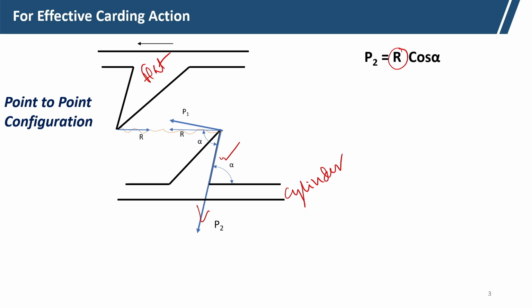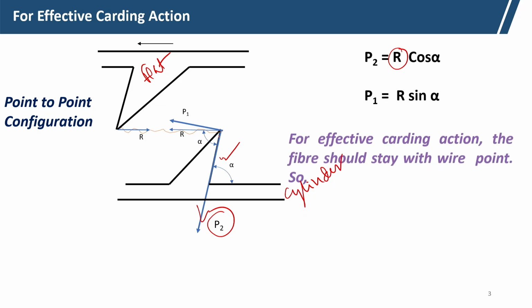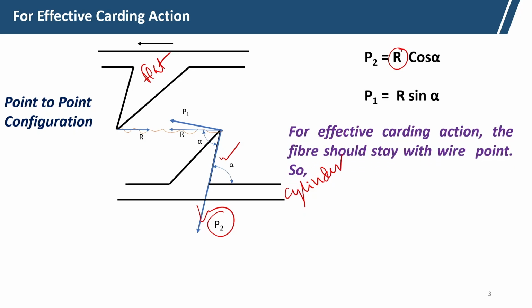So, this is trying to actually hold back the fiber, fiber tries to stick to this surface for force P2, and P1 sin theta tries to pull the fibers out of this surface, and for effective carding action the fiber should stay with the wire point.